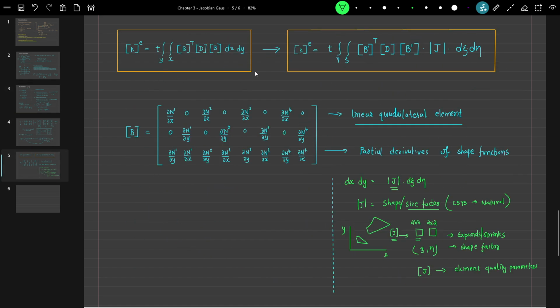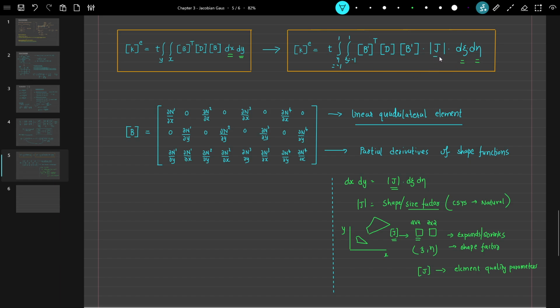And this is our final K matrix, which goes from dx dy to dζ dη. The xy limits earlier, which were not easily determined, are now very easy to determine, and those are ζ equal to -1 to 1, η equal to -1 to 1.